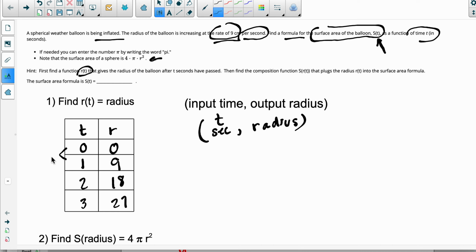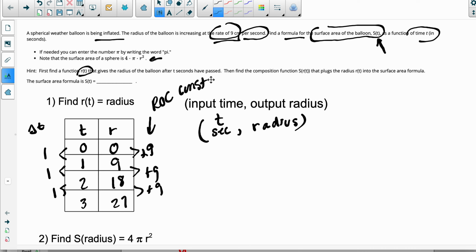So I can look at this and see that as t changes, the change in t is 1, 1, 1, and the change in radius is 9, plus 9, plus 9, plus 9. Because my rate of change is constant and I'm adding, I know that this is a linear relationship.